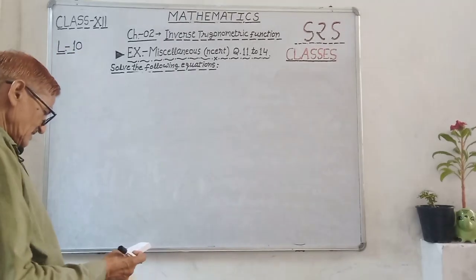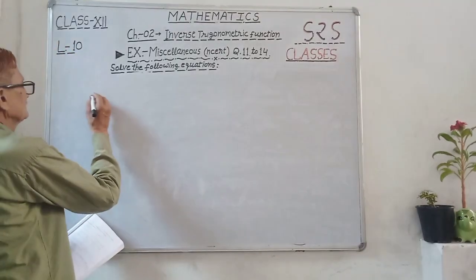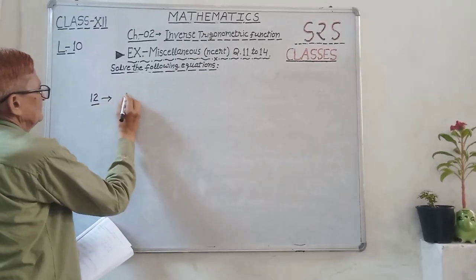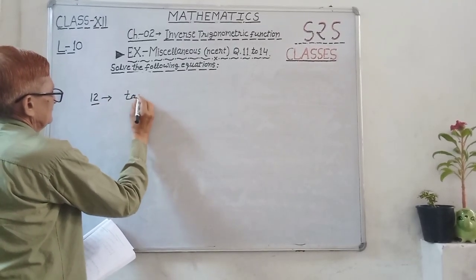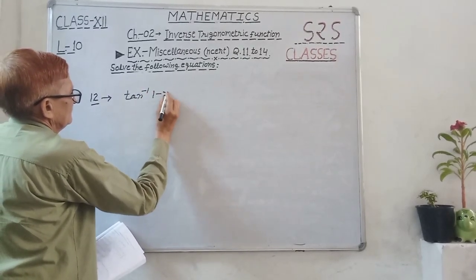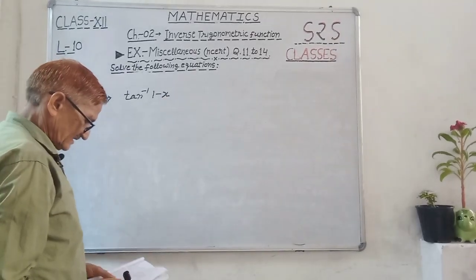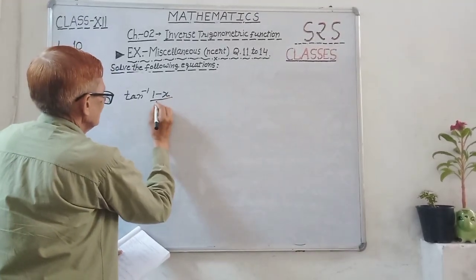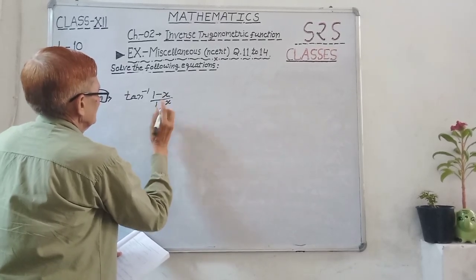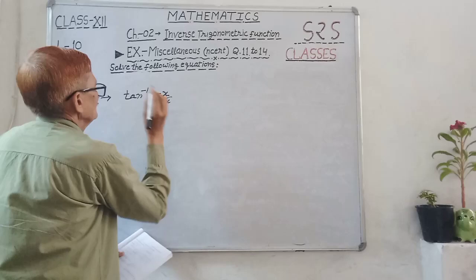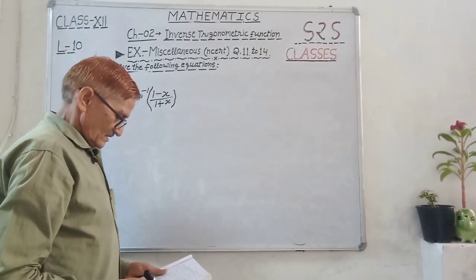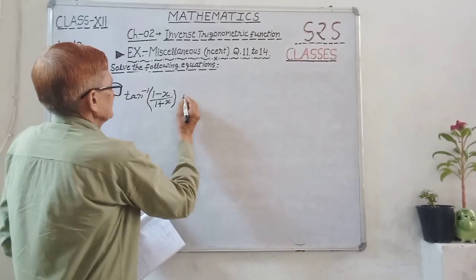Question number 12 is tan inverse (1 minus x upon 1 plus x) is equal to half tan inverse x.